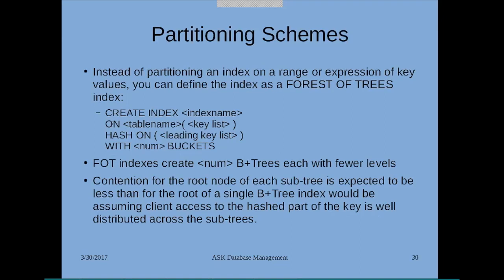Okay. Instead of partitioning your indexes, which is one thing you can do, another thing you can do to improve performance for indexes is define an index as a forest of trees index. What we do is hash on the first one or more columns of the index, and then build a B-tree for each hash value on the rest of the key, the part of the key that's after the hash part. So you have an index on columns 1, 2, 3, and 4, hash on column 1 into 12 buckets.